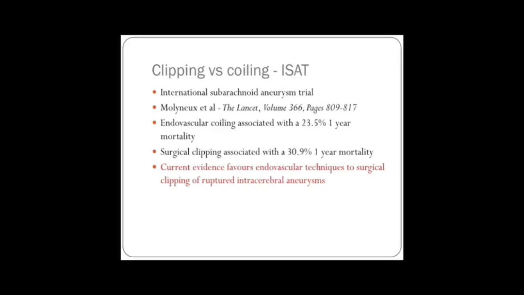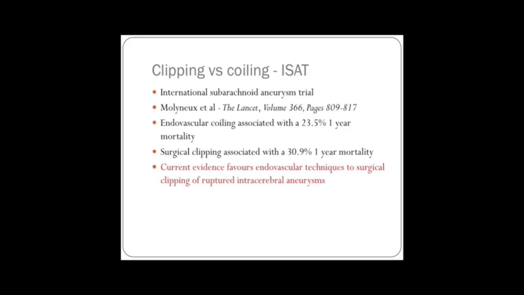The other alternative is endovascular coiling, and that involves passing a catheter through the femoral artery up into whichever the affected blood vessel is, and using an endovascular coil in order to fill the space where the aneurysm is, in order to block it off. Now, there's a very influential study done quite recently looking at the benefits of coiling versus clipping, the ISAT trial, and this is really just for interest.